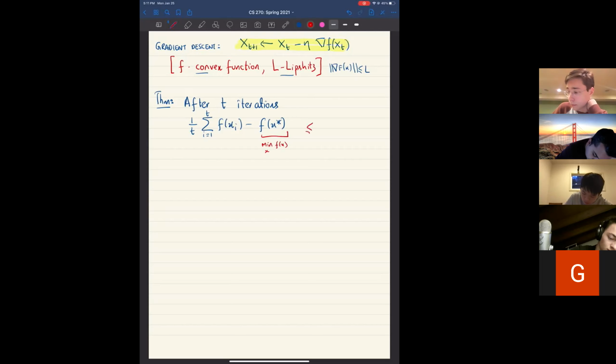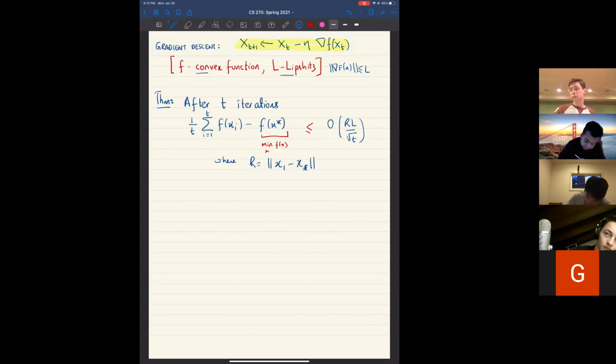Let's say that this is at most RL over square root t, where R is the distance from our original point to the optimum. So if you start at a distance R from the optimum and you run for t iterations, the difference between the average value of the function and the optimum is at most RL over square root t. Okay, so what's the proof?